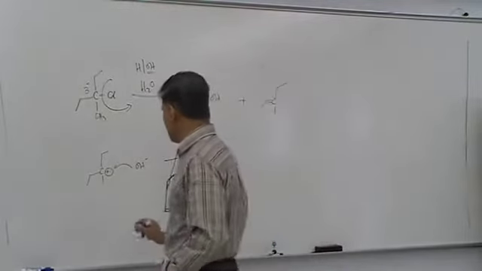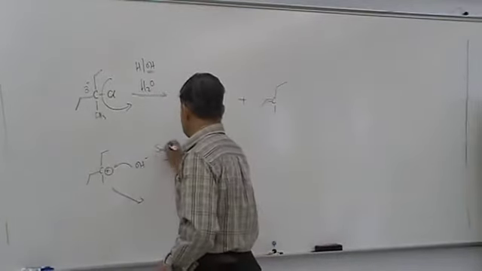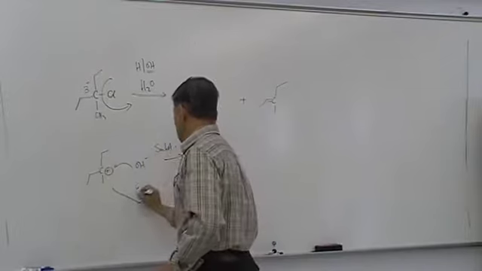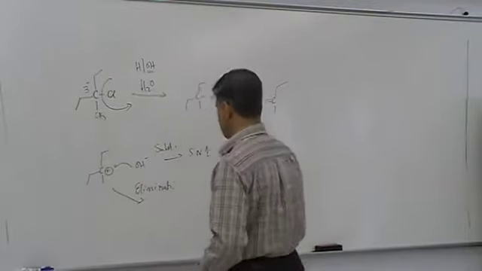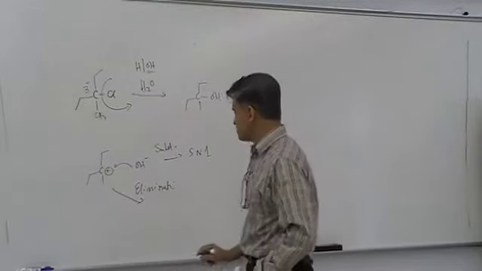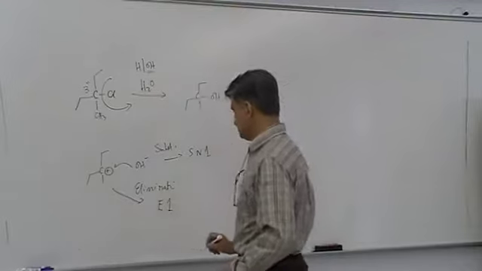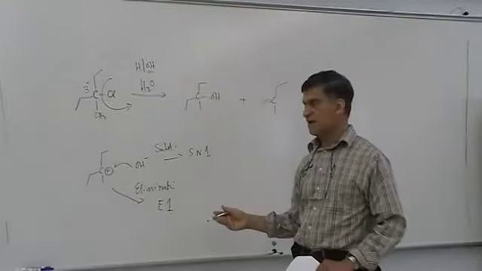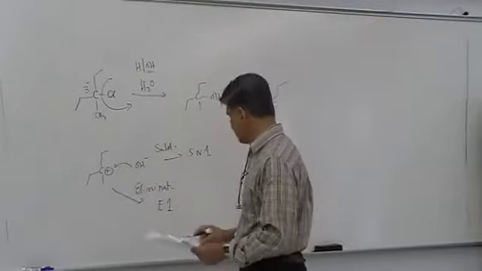You can also have elimination from a carbocation. So substitution or elimination. Both can happen at the same time. In case of an elimination reaction, you're going to get E1, not E2. Whenever elimination happens after formation of a carbocation, it is E1.